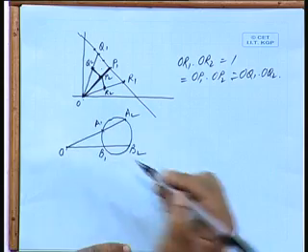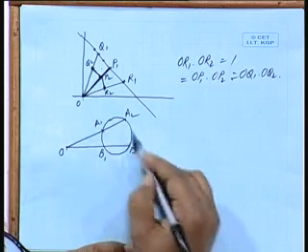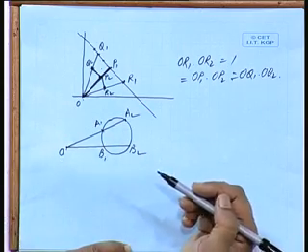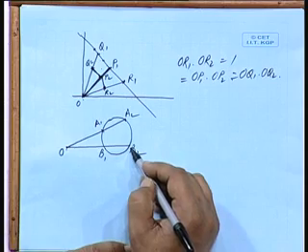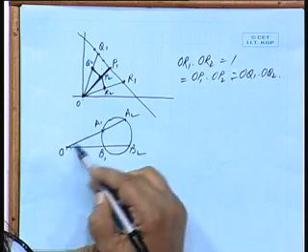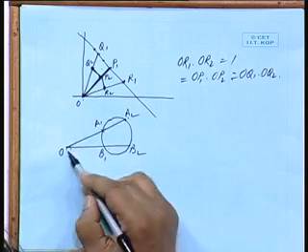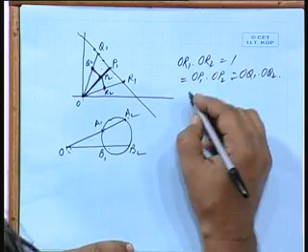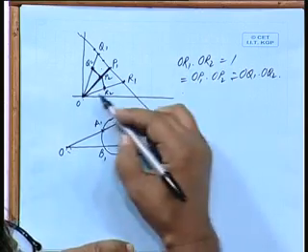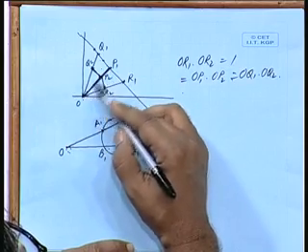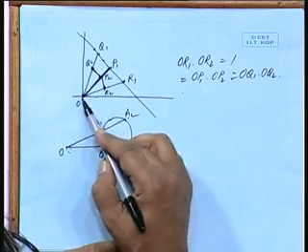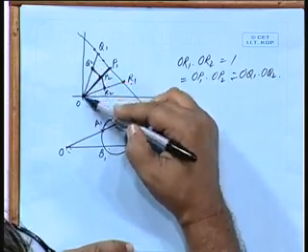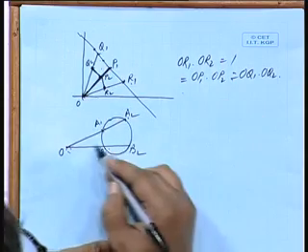So, O A1 A2 is a line cutting this circle at 2 points A1 A2, similarly this one cutting at B1 B2, then O A1 into O A2 is OB1 into OB2, is that all right? So, if I find OP1 into OP2 is equal to OR2 into OR1 is equal to OQ2 into OQ1, what does it prove?